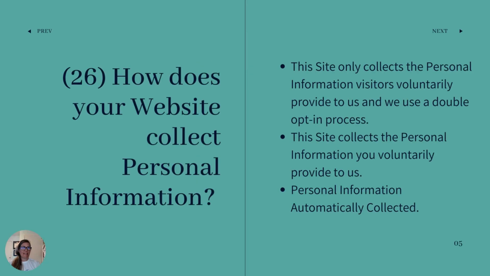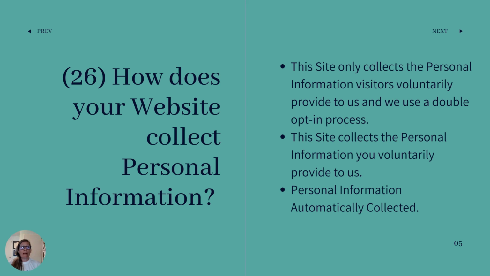Question 26 is asking how your website collects the personal information that it does. There's really three options, or obviously there's a huge variety of options, but this is what I'm looking for.